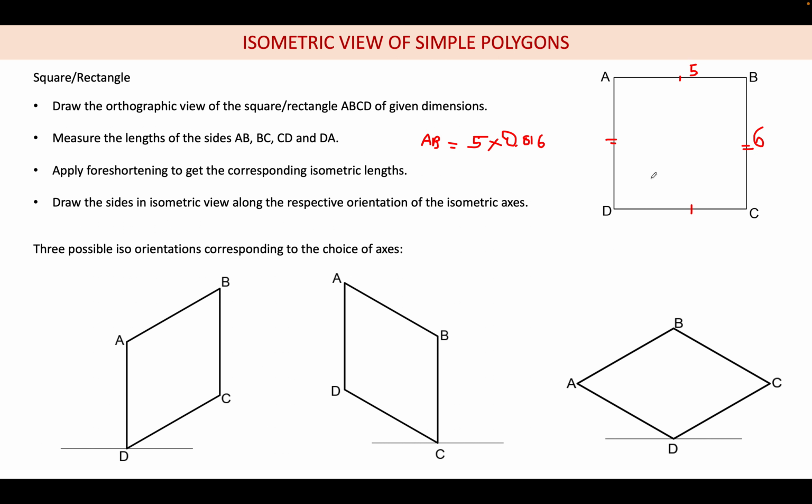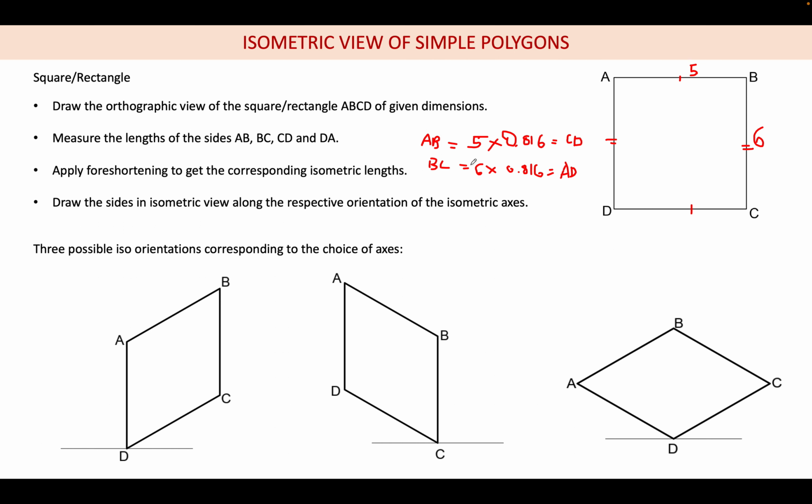And BC in isometric, AB and CD will be equal, so BC will be 6 into 0.816. So this will be the value of BC and AD. Both will be the same value.